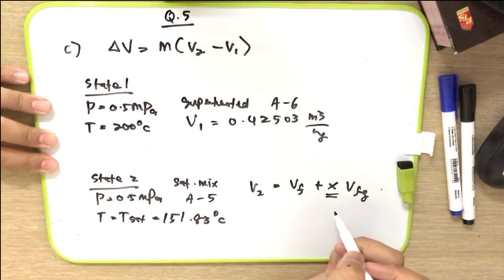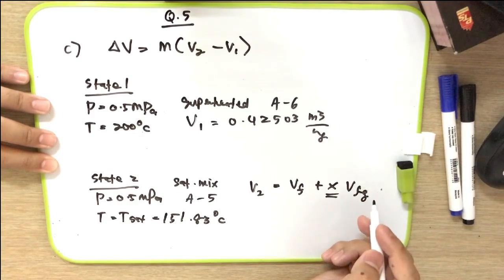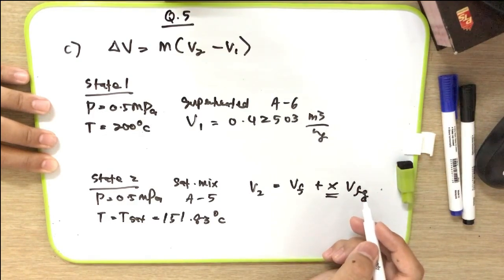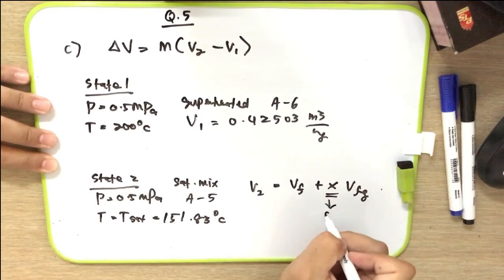How can we determine the x? Okay, we look back at the question. It says that one half of the mass condensed, so it means that 0.5 is vapor and another 0.5 is liquid, so it means that x is 0.5.